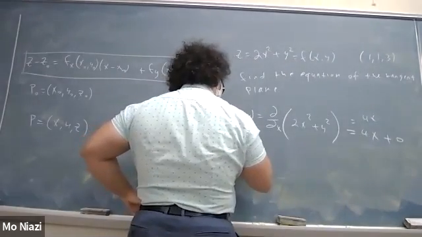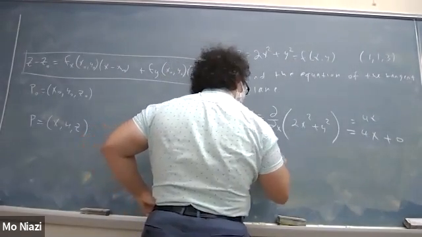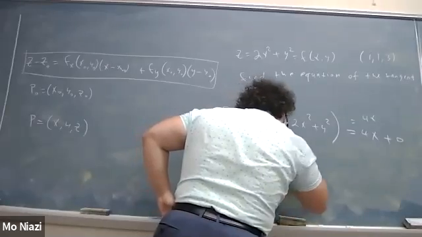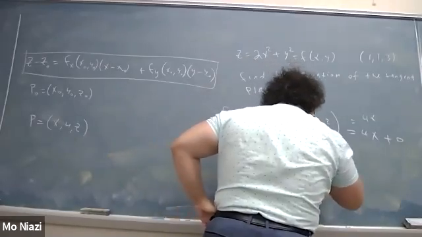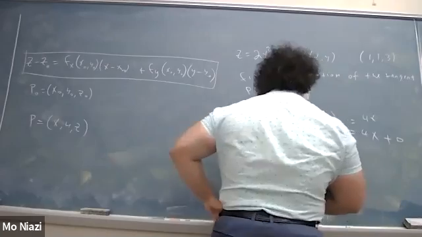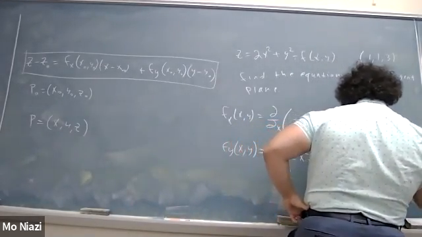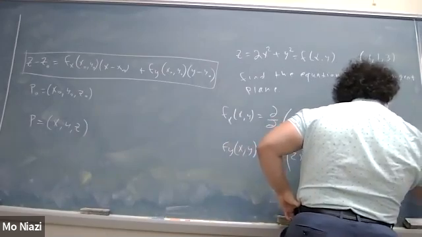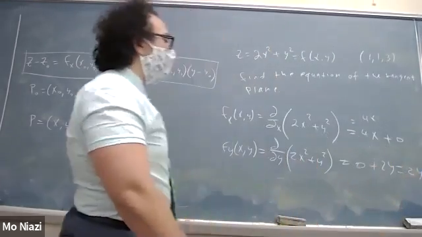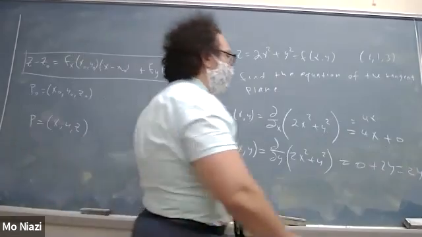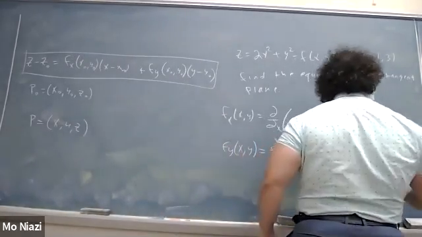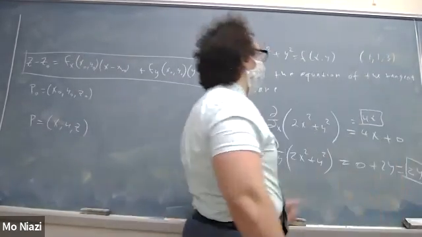Now let's take the partial derivative with respect to the variable y. So then this becomes 0. Okay. So our fx and fy give us these values.